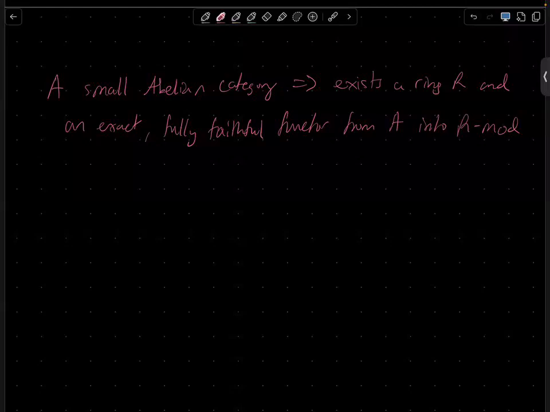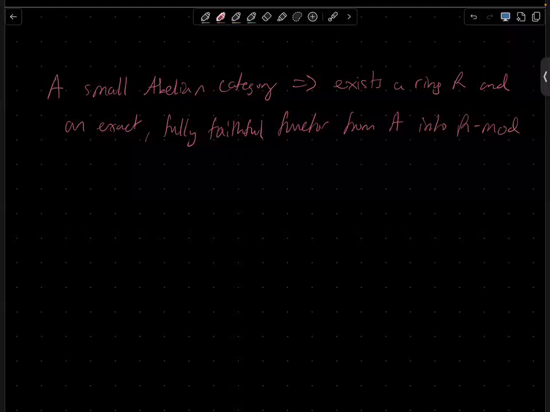Thank you, Mark. Would that be restrictive? The category of abelian groups would not be a small abelian category, for example, although obviously this theorem would still hold for abelian groups because it's already Z mod. One other thing to note is that this R does not have to be commutative.